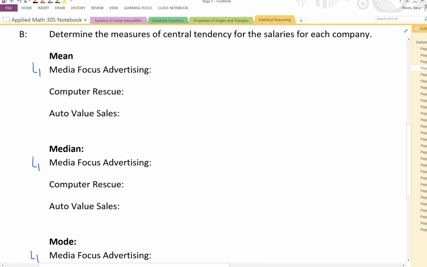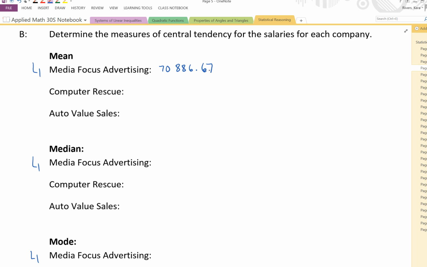So our mean is given as $70,886.67. Remember, we're talking about money here. This is the salary. So the mean salary, the average salary, is $70,886.67.